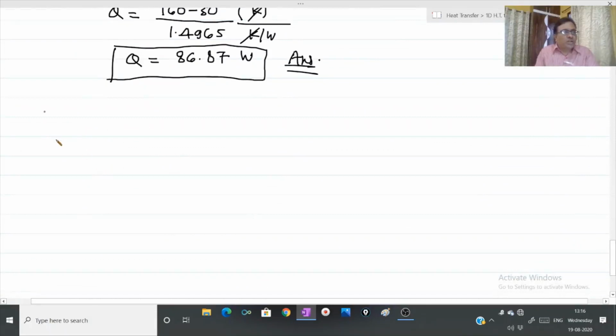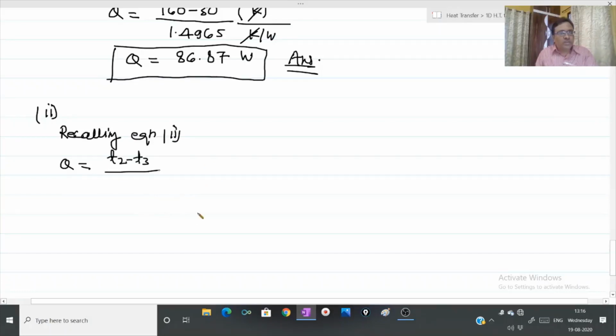So the calculations for point number 2. First, recalling equation 2, which is nothing but Q is equal to T2 minus T3 over RTC12.